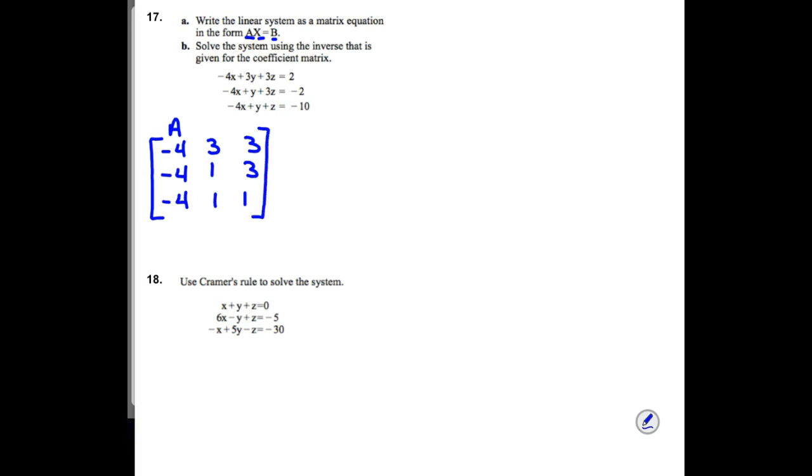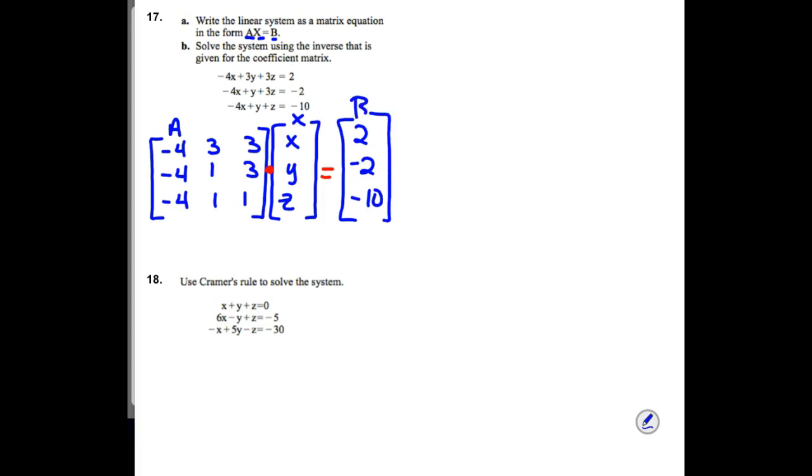We just have our coefficients in there. Then we have our variable matrix. Our variables go in the order X, Y, Z. We create a column matrix for that. And we are saying that if we multiply these two together, we should end up with our constants, 2, -2, -10. Okay? So notice that I have marked what I've called each matrix.